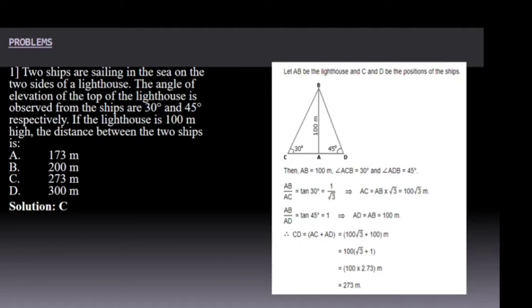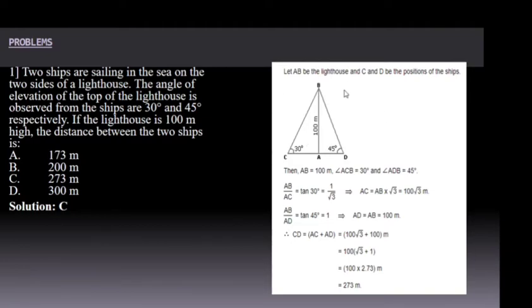So whenever you come across a problem on angle of elevation or height or distance, these words are there in that problem. The first thing is you have to draw the figure. Okay, once you draw the figure, your half of the problem is solved, because from the figure you come to know what are the things given to you and what you have to do. Okay, so first thing is draw the figure.